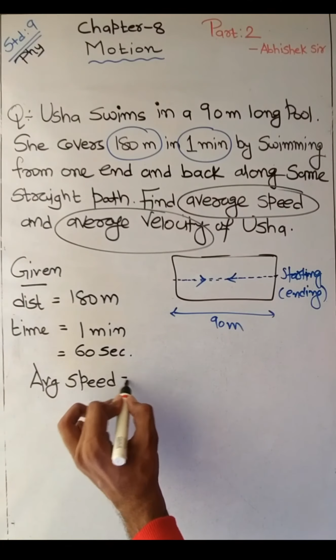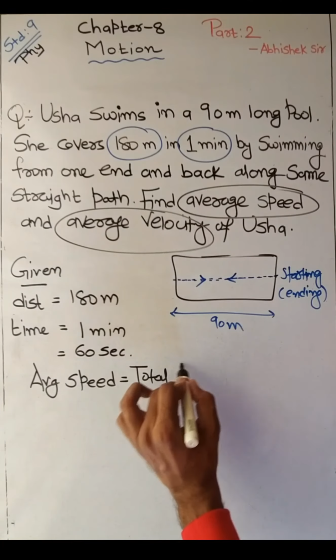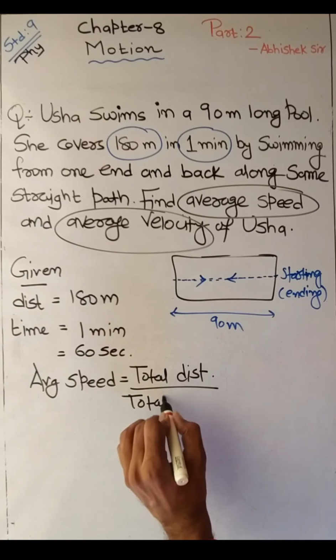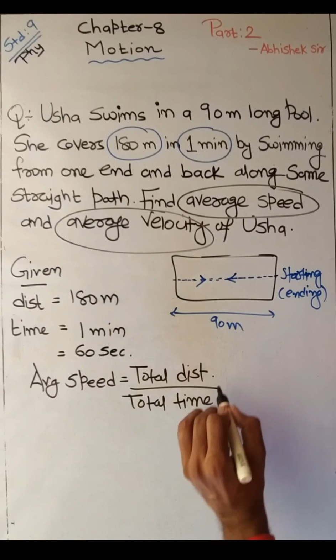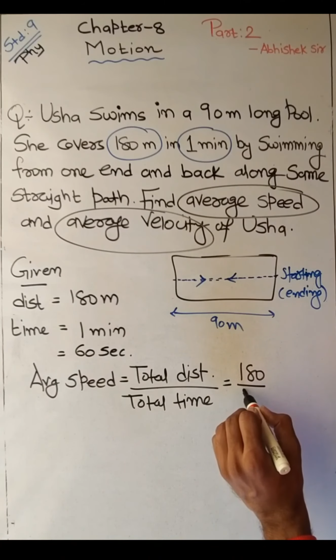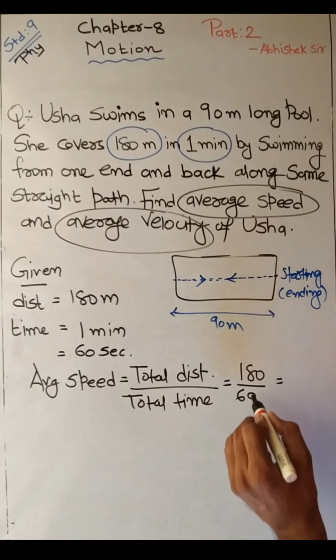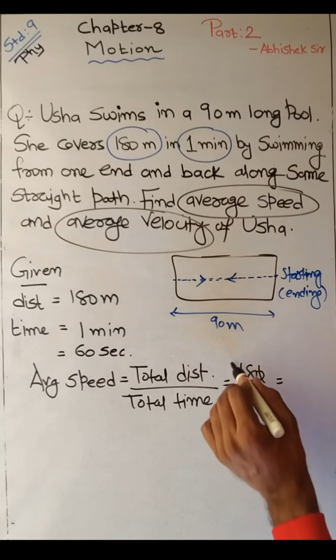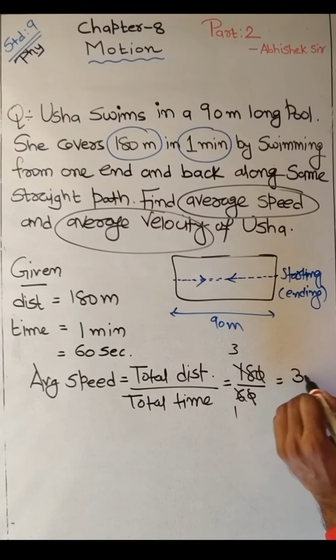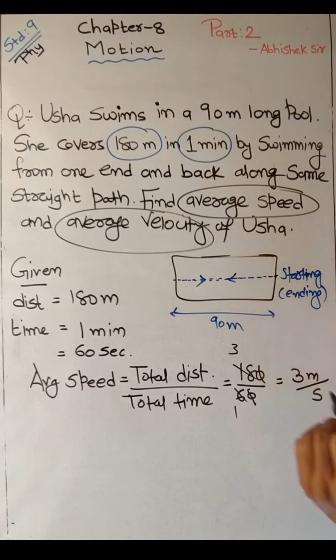Average speed is total distance upon total time, right? So total distance is 180 meter, total time is 60 seconds. So 0 0 cut, 6 1s are 6, 6 3s are 18. So average speed was 3 meter per second. So here we have our first answer, that is average speed is 3 meter per second.